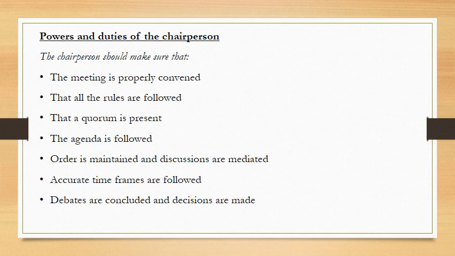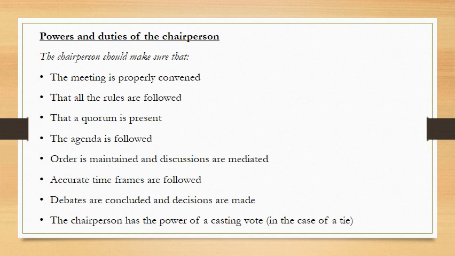The chairperson must also make sure that arguments or debates are concluded, that decisions are made, that conclusions are reached, and it doesn't just get left in the air, so when you walk out of that meeting, you feel like you've achieved something. And that's why the chairperson must make sure that these debates are concluded. And then when there's voting and there's a tie, the chairperson has the power to make the decision.